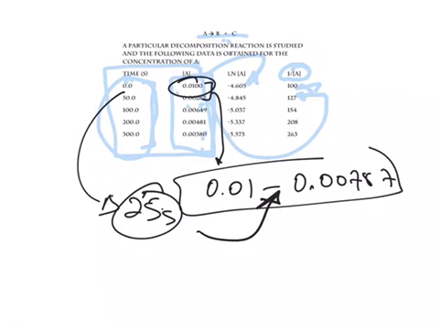Now, if it was first order, and what's on your equation sheet, if I'm going to back up. So at 25 seconds, that matches where we said this was going to be, because we said it had to be somewhere between 0.01 and 0.00787.